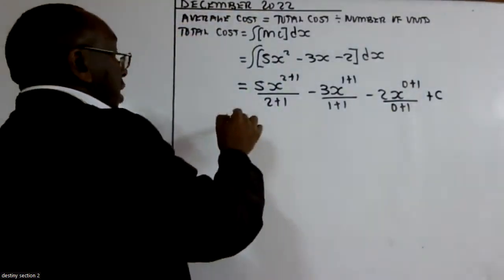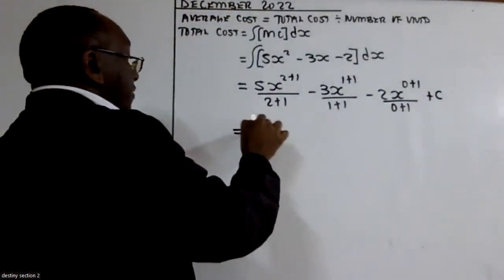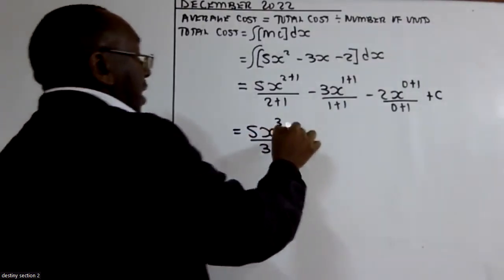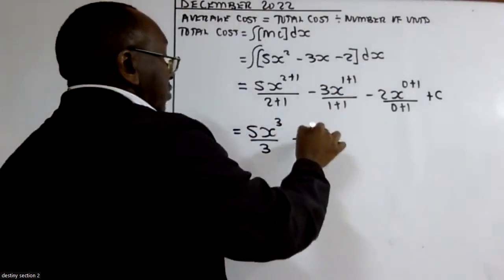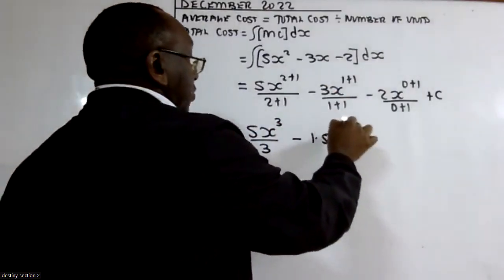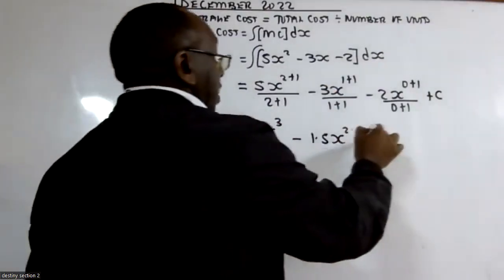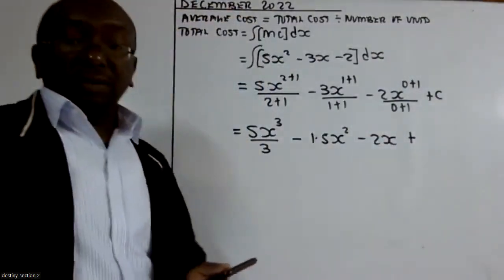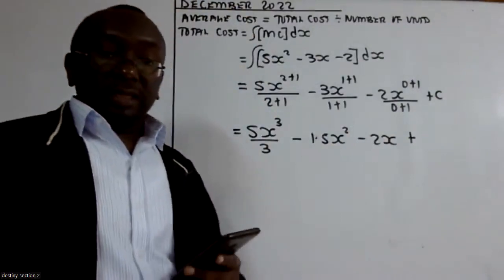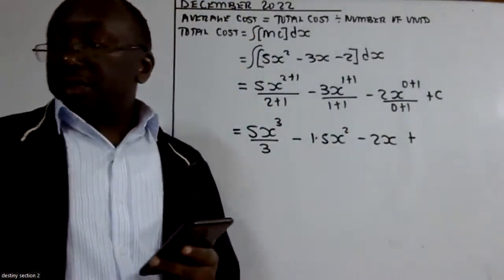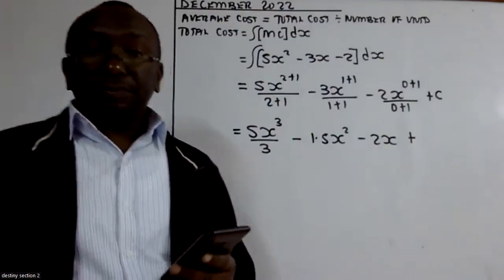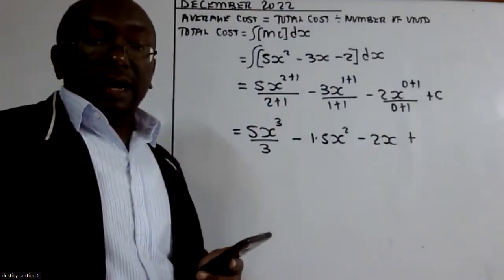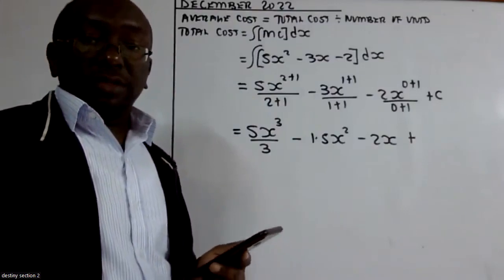So this one becomes 5x cubed over 3, minus this one, when you divide, you get 1.5x squared, and this one you get minus 2x plus C. C, someone remind me, C in the total cost function is always what?